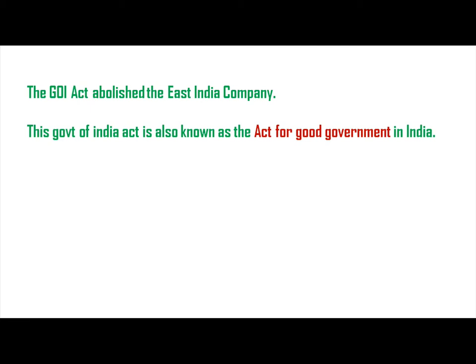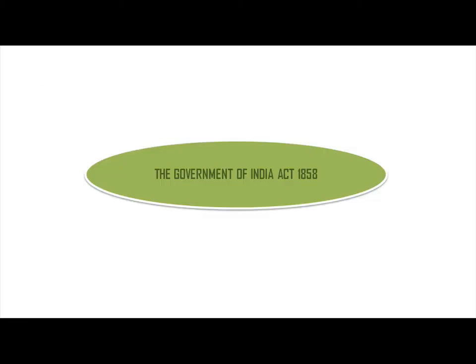This Government of India Act of 1858 came after the Sepoy Mutiny in 1857. Before this act, we had the Sepoy Mutiny. This Sepoy Mutiny is also called the First War of Independence.